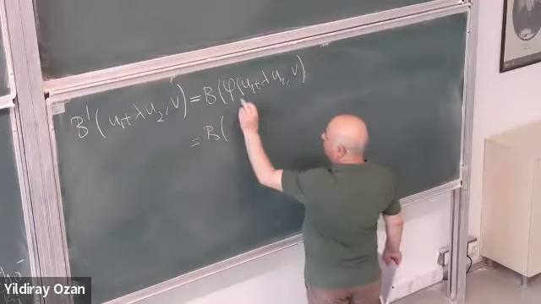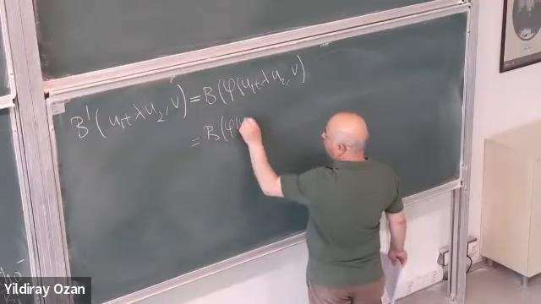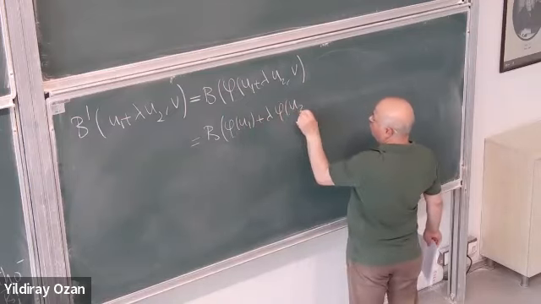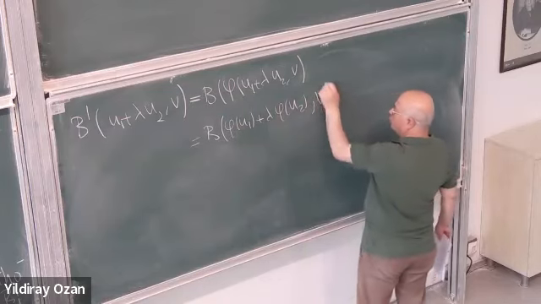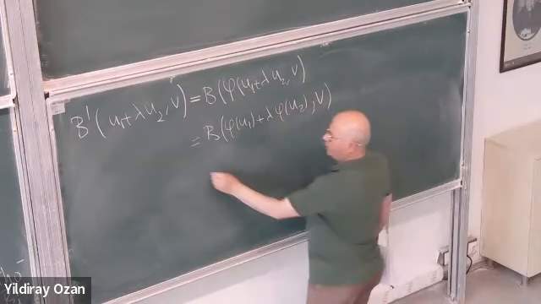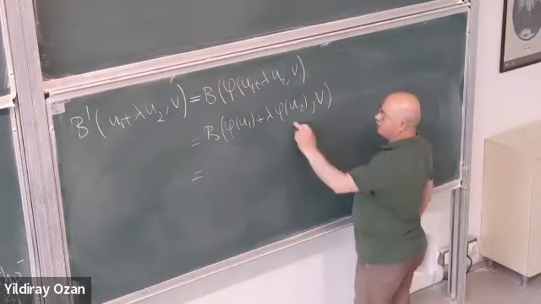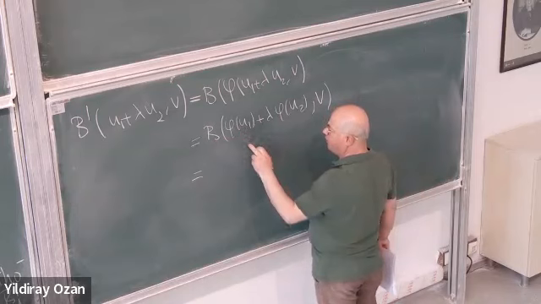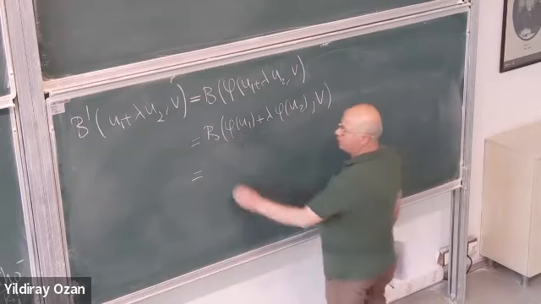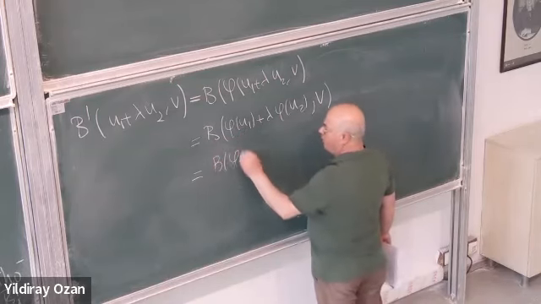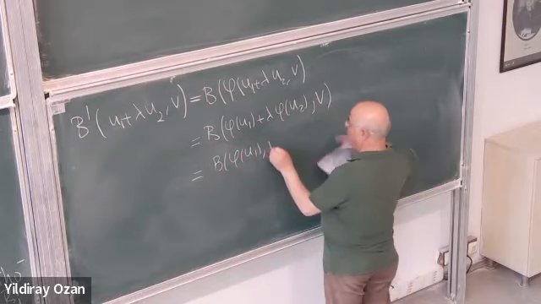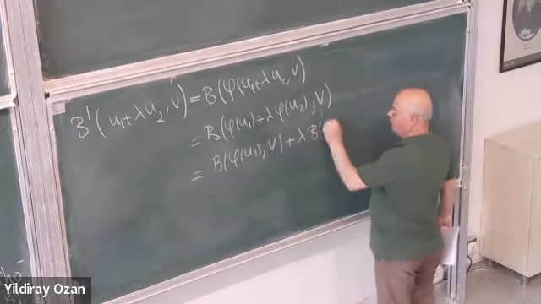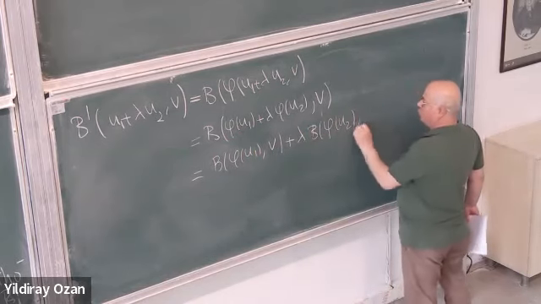Well, phi is a linear map, therefore this is just phi of u1 plus lambda times phi of u2, and then inner product with B. Now, inner product is linear in both components. B is linear, therefore I can write this as B of phi u1 plus lambda goes out, B of phi u2.